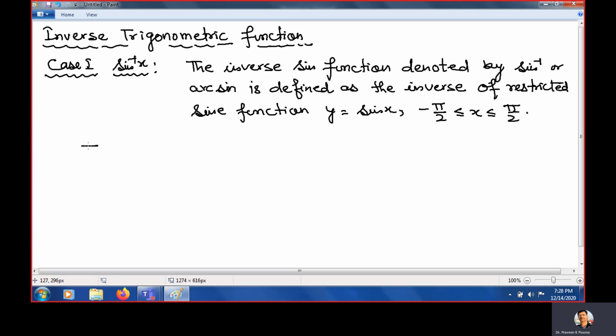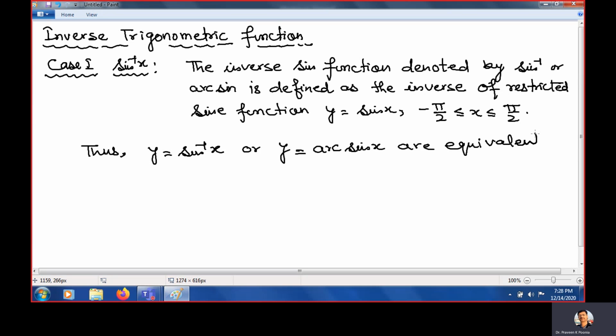Thus, what do you mean by sine inverse? y is equal to sine inverse x, or you can say y is equal to arc sine x, are equivalent to sine y is equal to x.